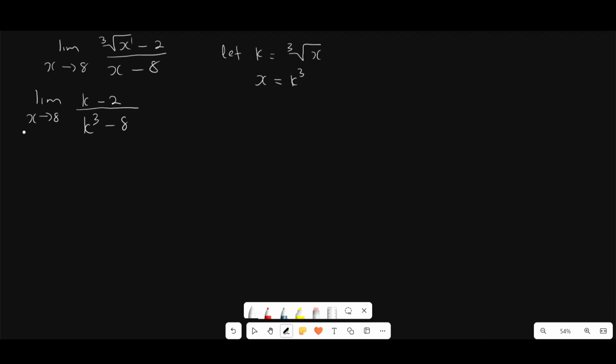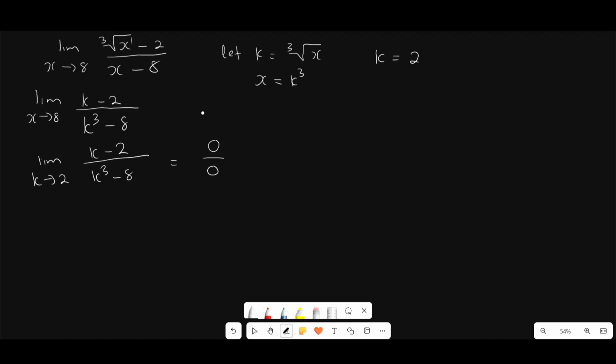Then I have to solve for the new limit: x is 8, therefore if I put 8 there, I'll have a value of k to be 2. That means the limit as k approaches 2 of k minus 2 all divided by k cubed minus 8. If I do the direct substitution, I'll have 0 divided by 0, which is an indeterminate form.